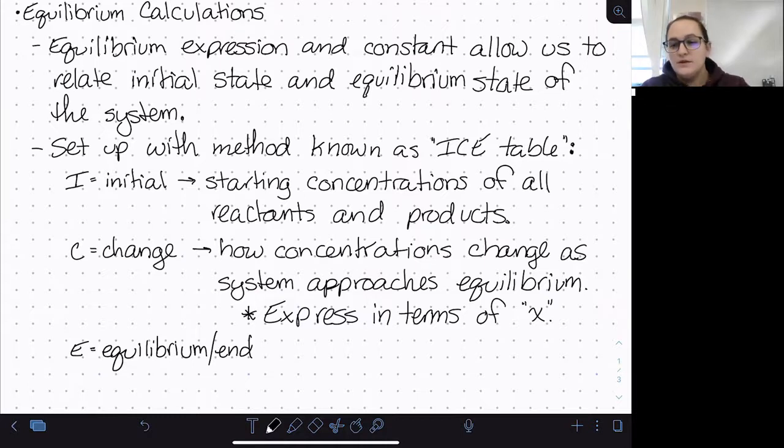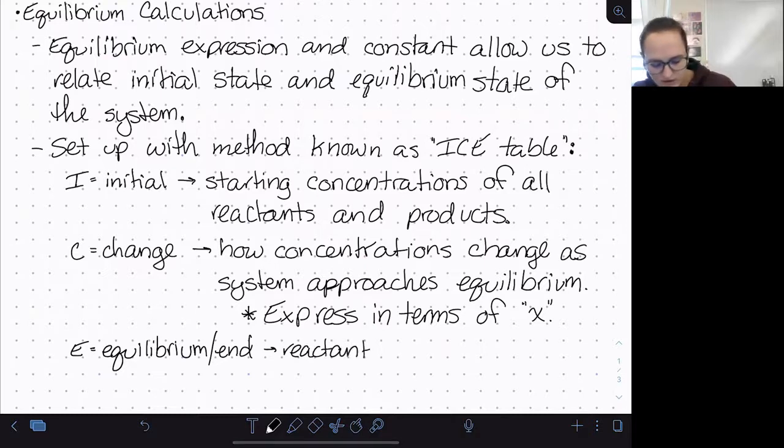We can use the same type of setup for any stoichiometry problem, actually, where you may not really be establishing equilibrium. You might be completely consuming a limiting reactant. So that's not what we're doing right now, but it's another application for the same type of setup. This row will contain the concentration of reactants and products after your equilibrium has been reached.